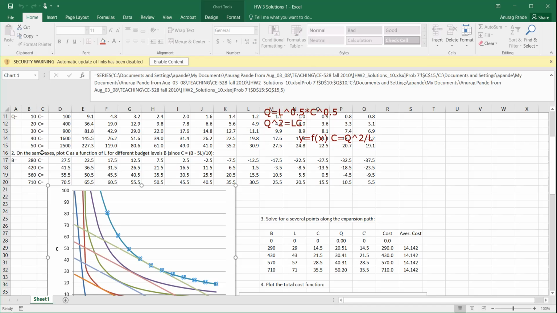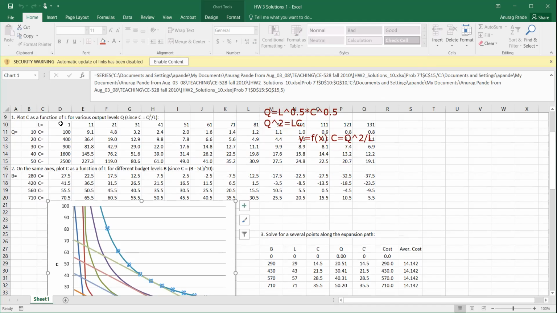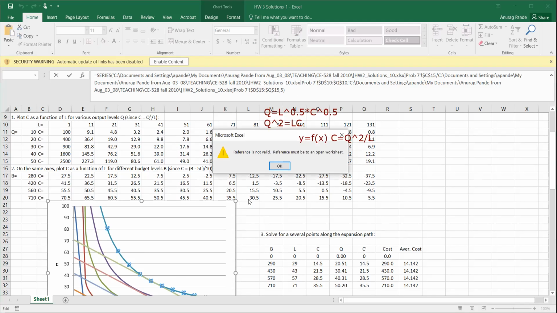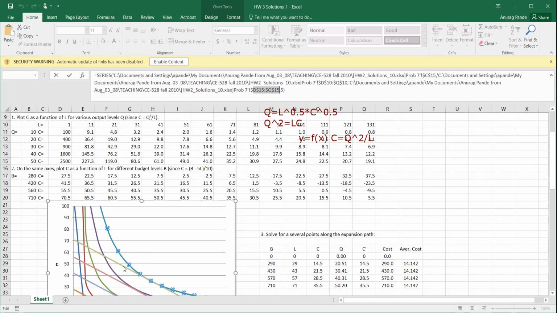So C15 essentially provides the name here. D10 to Q10 provides the L values. So you can see that it's kind of hidden in this very big file name, but you could see it, what I'm highlighting here. So D10 to Q10 and plot it with D15 to Q15. And this is what you get out of that.